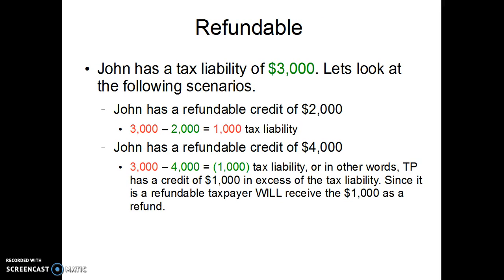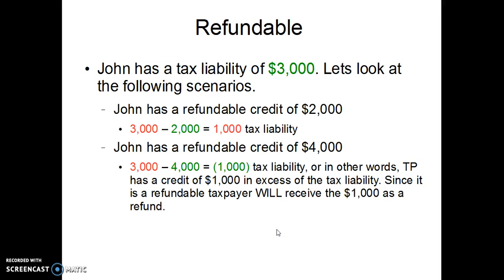Now if we switch to a refundable credit, the first scenario is the same: $3,000 tax liability reduced by a $2,000 credit means $1,000 of tax liability that remains to be paid. If he had a $4,000 refundable credit, the negative $1,000 tax liability, which means John is owed $1,000, will actually be paid out to John, and he will receive a $1,000 refund because it is a refundable credit.